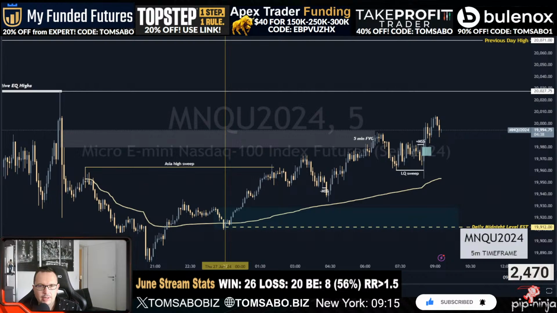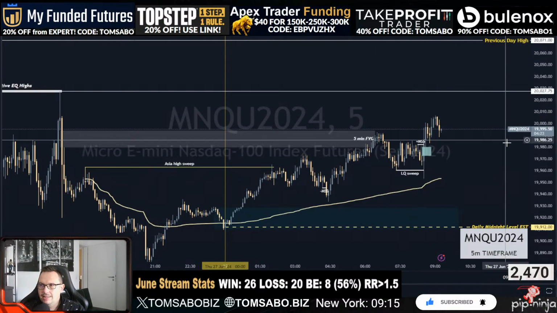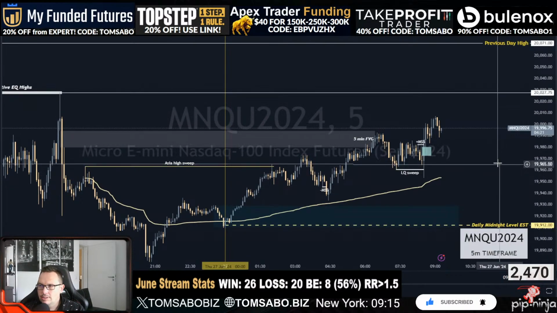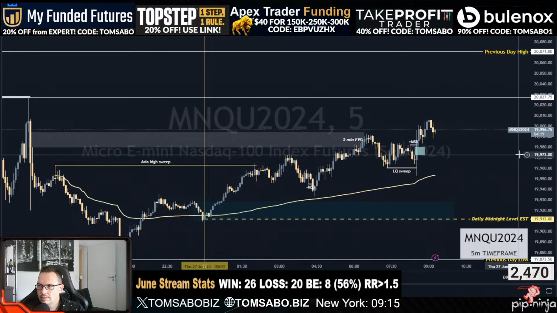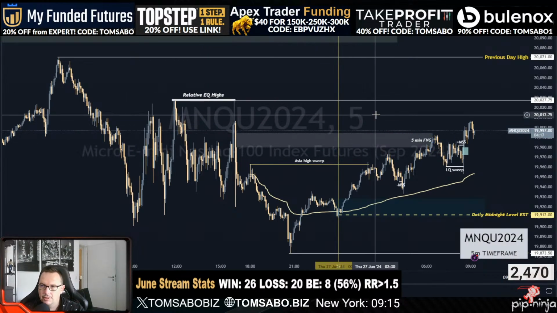Topstep 1.5 rule, yeah. Max loss, daily loss, absolutely, Arkan. And that's why I'm saying the copycat for that is the option 2 account at Bulenox. Technically the same rules. Payout policy is different though.